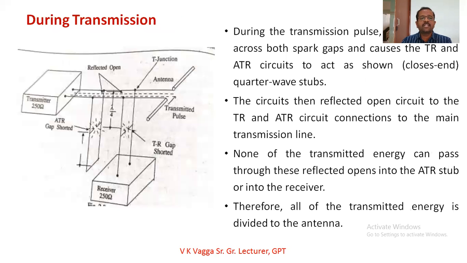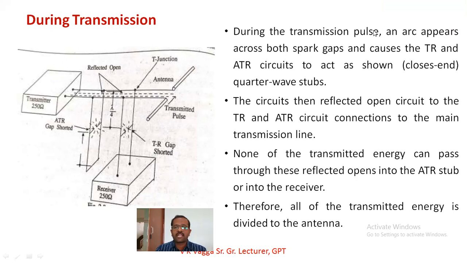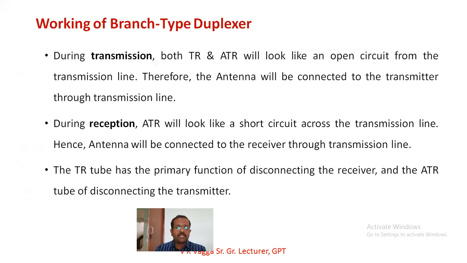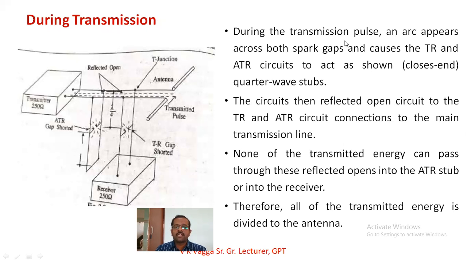See here, how it's working now. Suppose that during transmission an arc appears across both the spark gaps. I said that during transmission both the TR and ATR will be open. For that purpose, under transmission an arc appears across both the spark gaps, and it causes the TR and the ATR circuits to act as quarter wave tubes with closed ends.